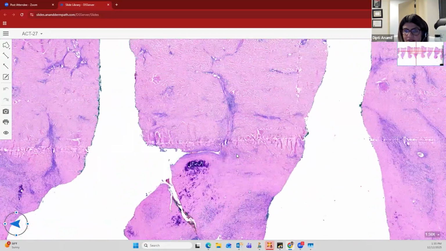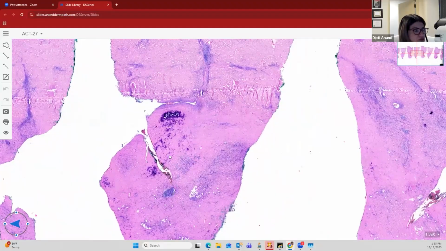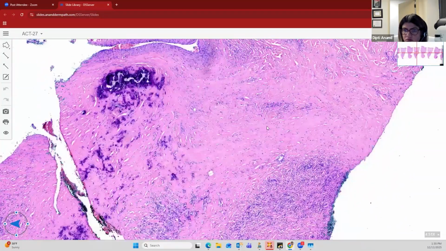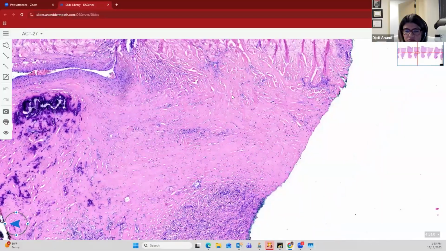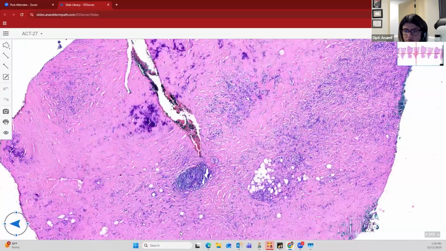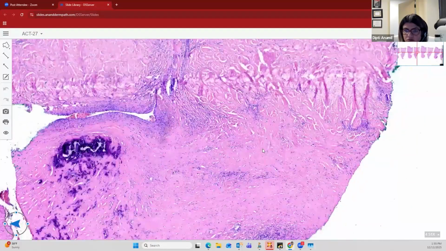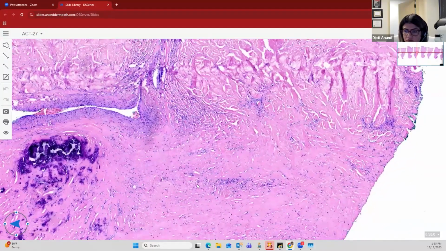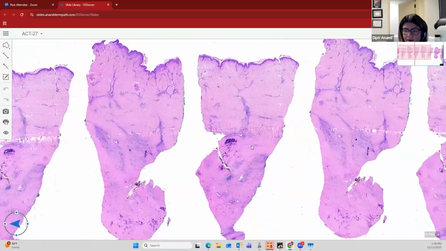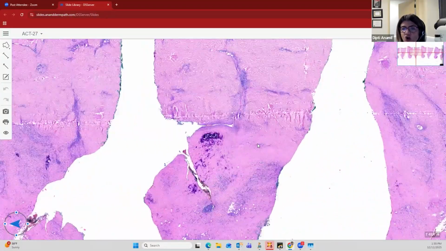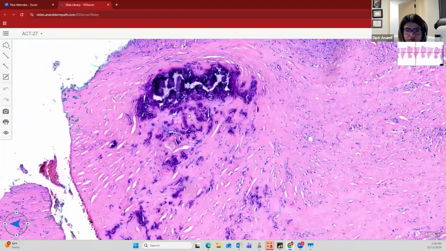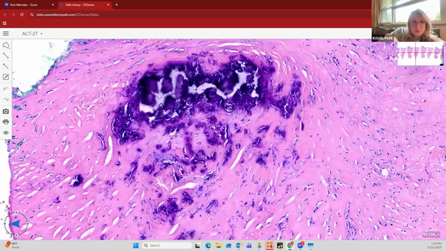Okay, so tell me what is happening in this slide. Something is very obvious, right? What is all this? Calcium.